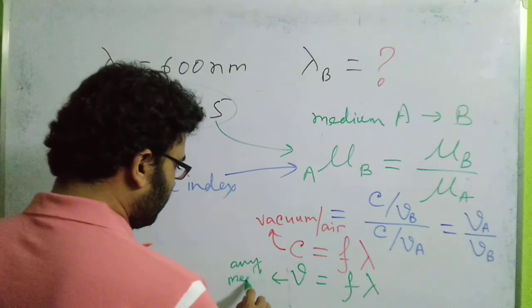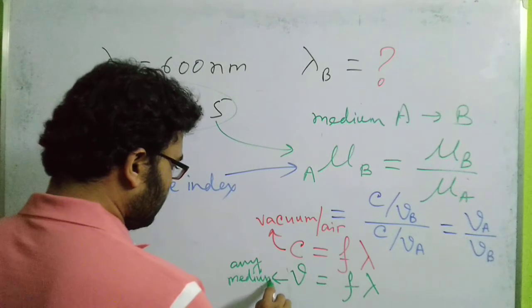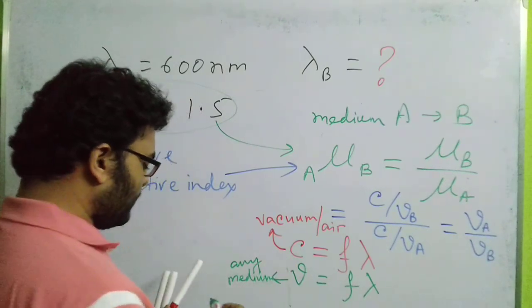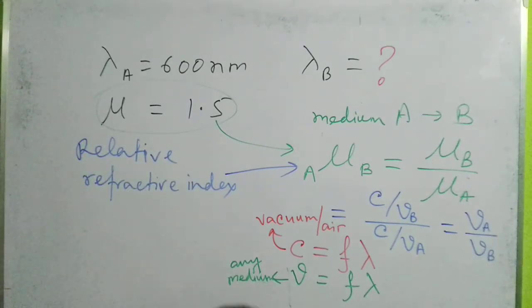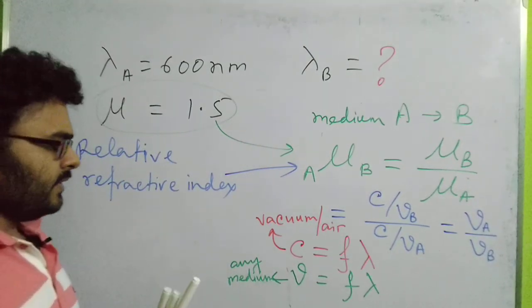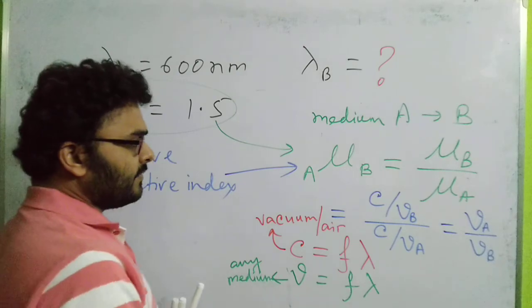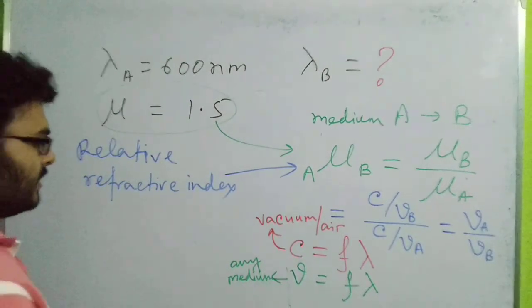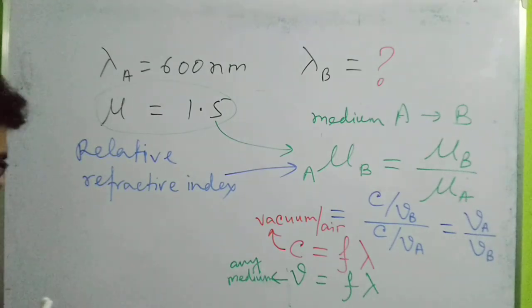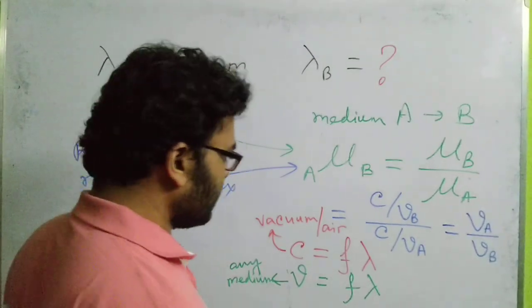Now using this formula, V equals F lambda, let us put it here and simplify.